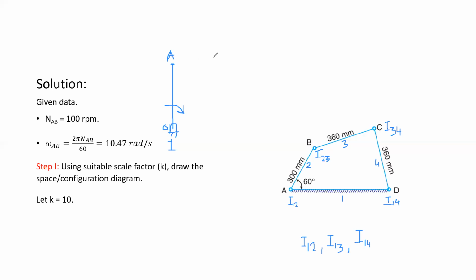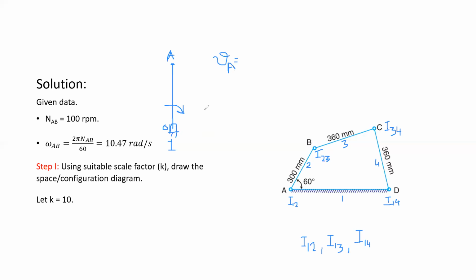If I want to find out the velocity of point A, I will write the formula. Velocity of point A is equal to R into omega. What is R here? R is the distance of point A from the center of rotation, that is, how far point A is from the center of rotation. That is its radius.